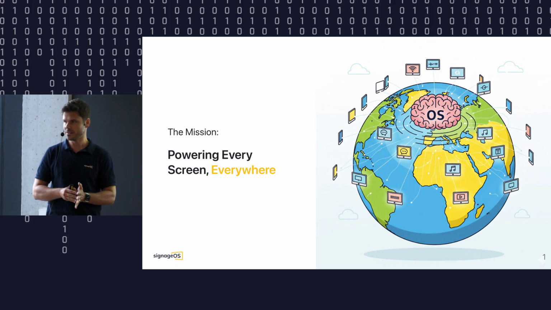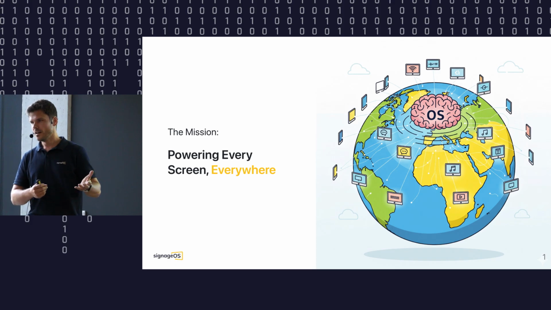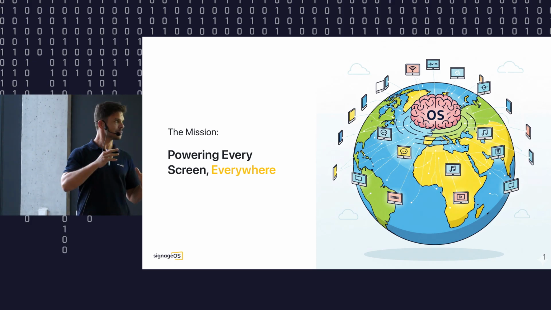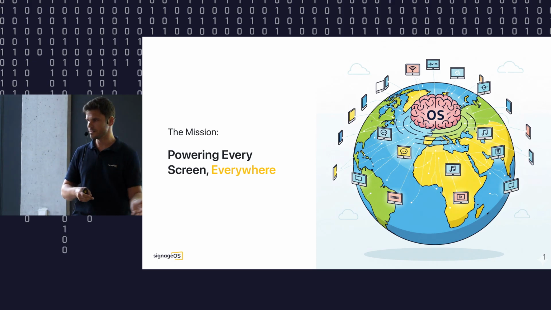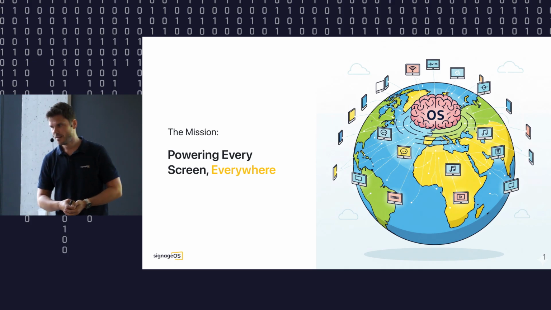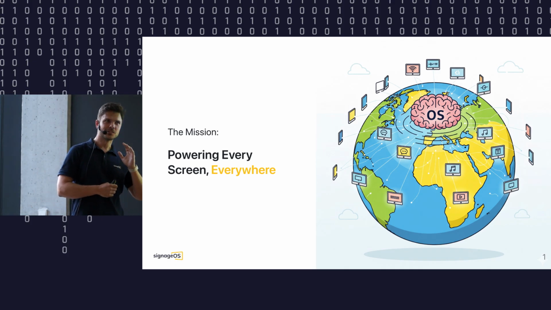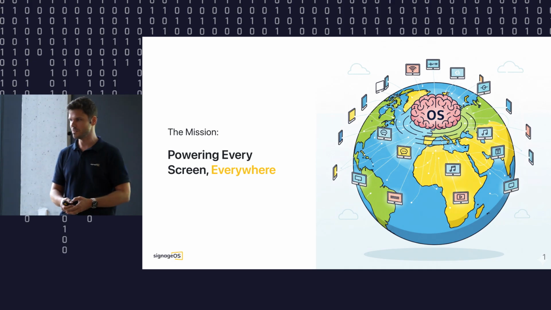We actually run over 150,000 displays around the world, and these displays run on 8 different platforms. Say Samsung Tizen or LG WebOS, Windows, Linux, you name them. And I think it's not a conservative assumption when I say that tens of millions of people see what we do every day around the world.